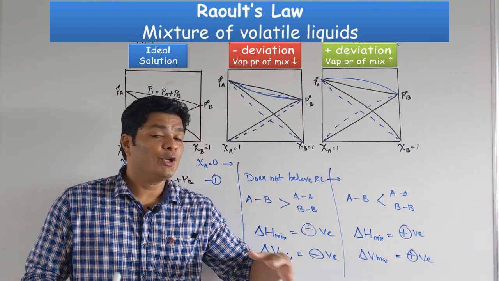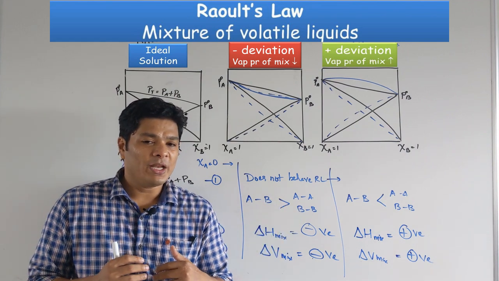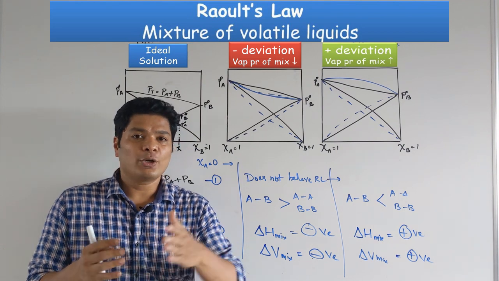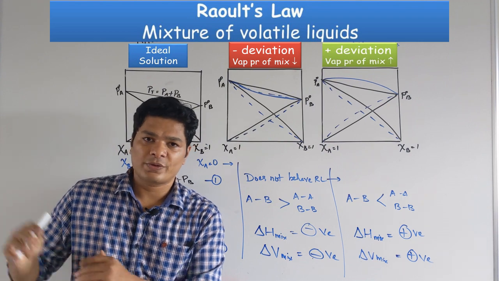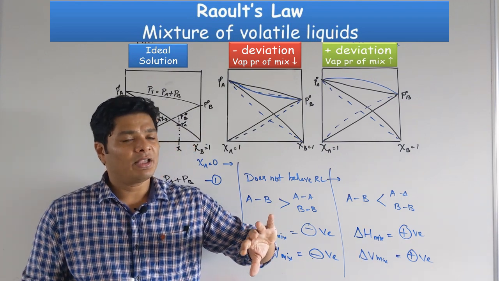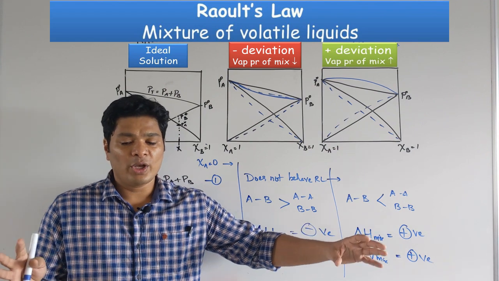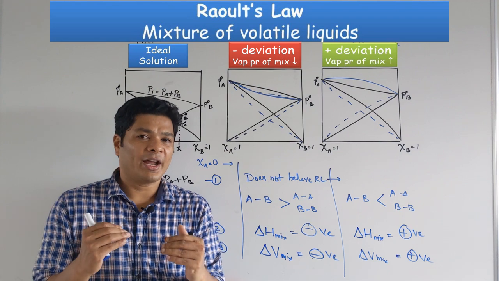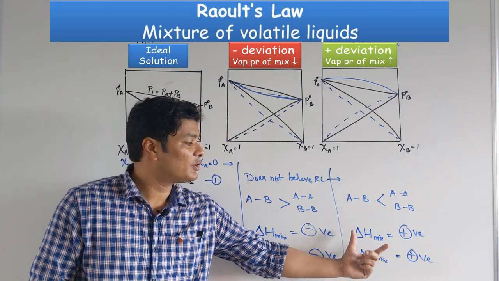Positive deviation is when you are mixing two things that don't like each other, meaning different types of functional groups. Example, acetone and ethanol. Acetone is happy by itself mixing with acetones. Ethanol is happy having its own hydrogen bonding with other ethanol molecules. So when you mix acetone and ethanol, they don't form efficient hydrogen bonding, so they don't like each other. So the vapor pressure of such a system shows positive deviation.